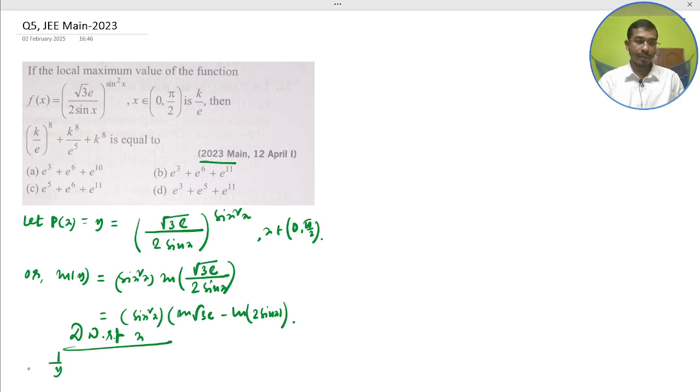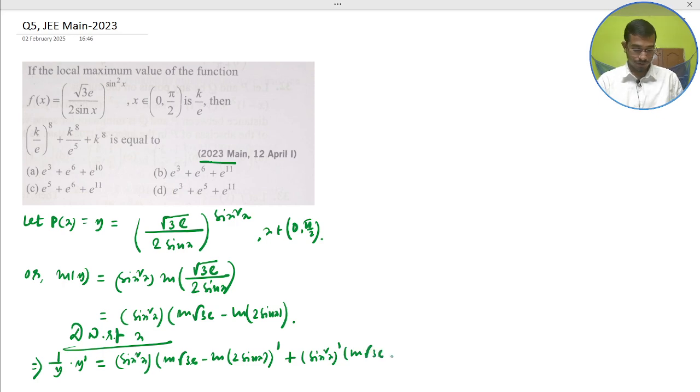So ln y means 1/y, that implies (1/y) y dash is equal to, so sin²x, this is the product rule, the differentiation of the ln √(3e) minus ln 2 sin x, plus the differentiation of sin²x and the ln as it is, √(3e) minus ln 2 sin x.